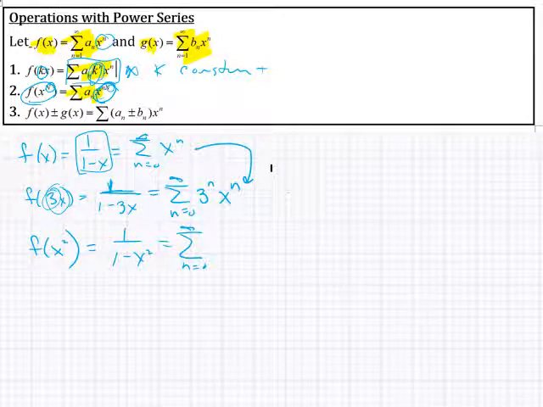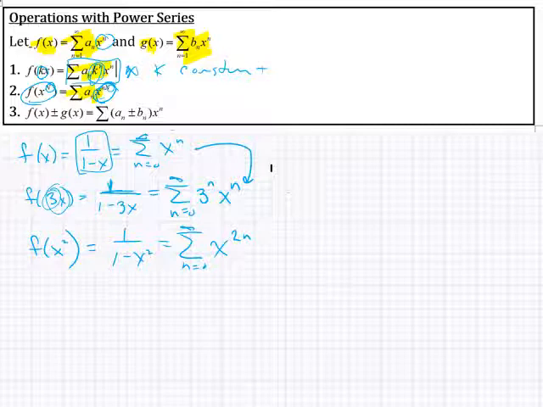So this would be the sum of n equals 0 to infinity. Originally it was x to the n, so now it's going to be x to the 2n because of the square. So some of these operations can help us alter existing functions in power series, so we can build off of what we have already.